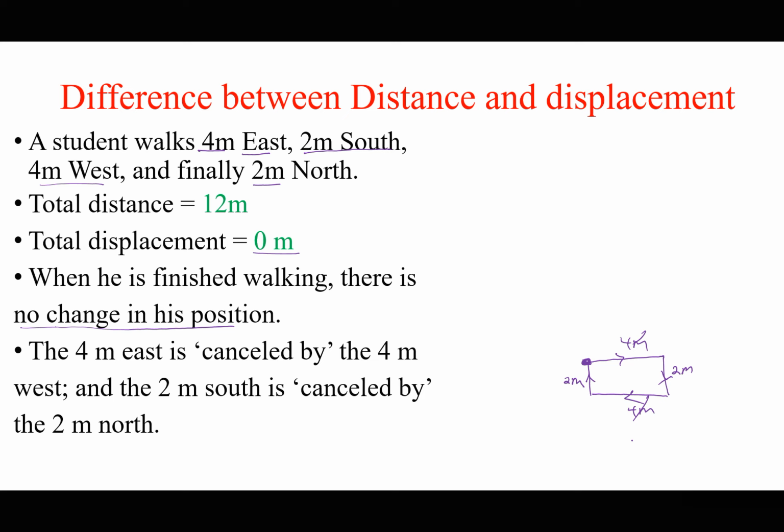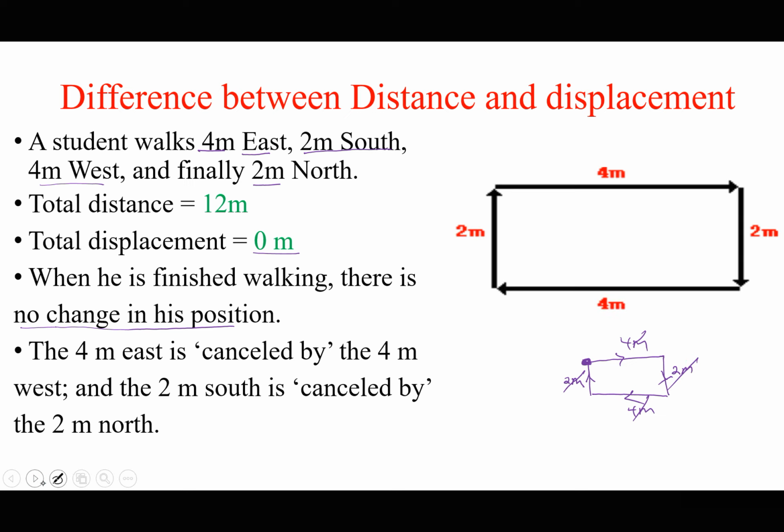If in one direction it is positive, in the opposite direction it must be negative, so that when you sum up, they cancel out each other. And then the 2 meters south is cancelled by the 2 meters north, and therefore total displacement will be 0. So that is what we mean by displacement.